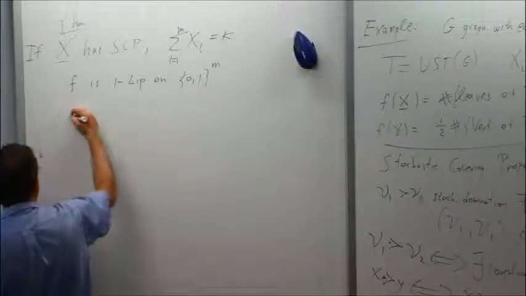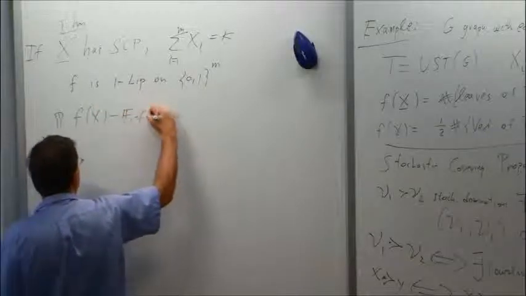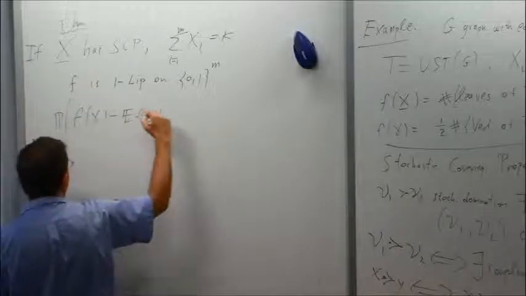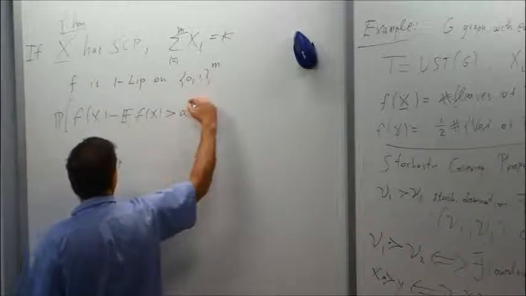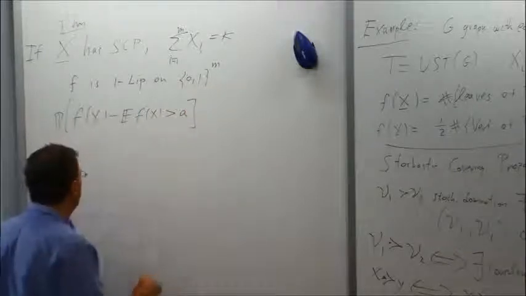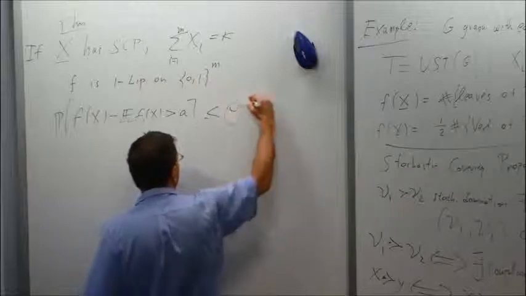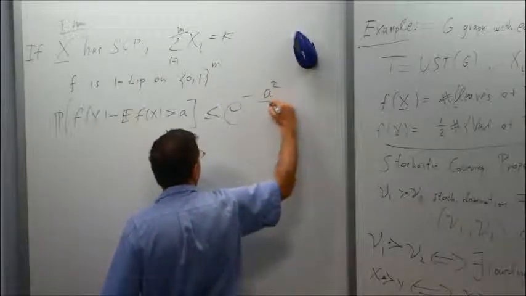Then the probability that f of X differs from its mean by more than a, I'll just write the one-sided inequality, can of course reverse, is bounded by e to the minus a squared over 8k.